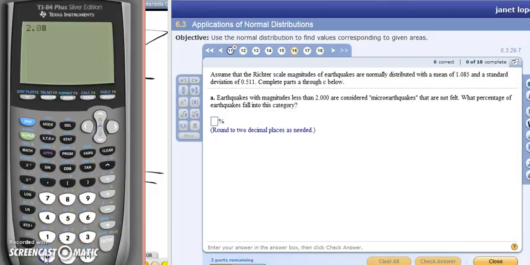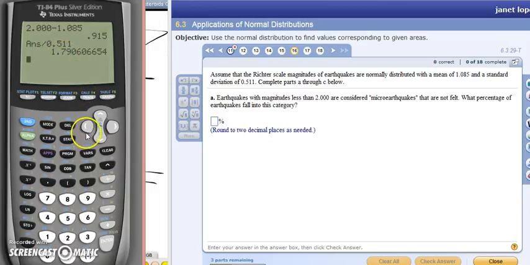Then you just do the 2.000 minus 1.085 divided by our deviation of 0.11 equals 1.79. Now you look it up in the chart to see where you can find 1.79.